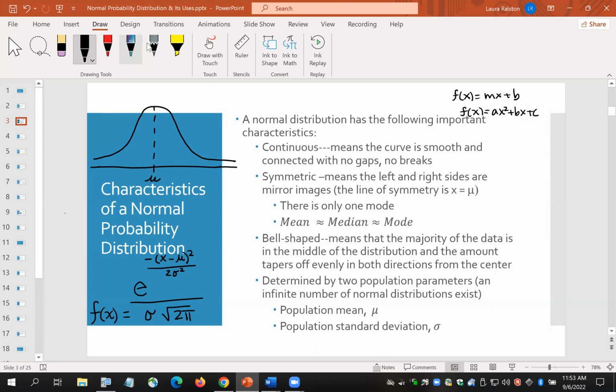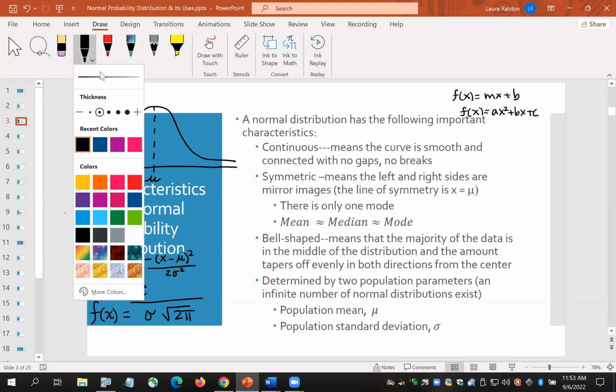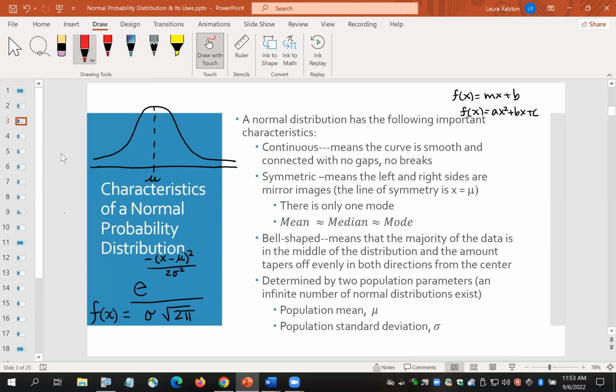But one little quick note: if you look at all these numbers, the value for E is constant. It's always 2.72. The number 2 is constant because it's just plain old 2. Pi is also a constant. It's always 3.14. And if I take the square root, it's going to be constant.